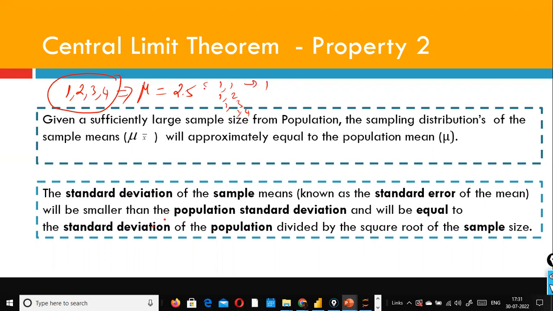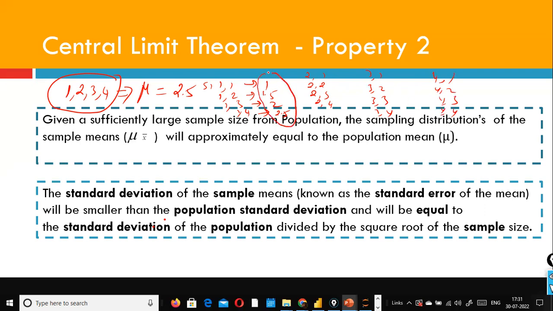Sample 1 has average 1, then 1.5, 2, and for 1,4, how much? 2.5, right? And similarly 2,1; 2,2; 2,3; 2,4; and 3,1; 3,2; 3,3; 3,4; and 4,1; 4,2; 4,3; and 4,4.